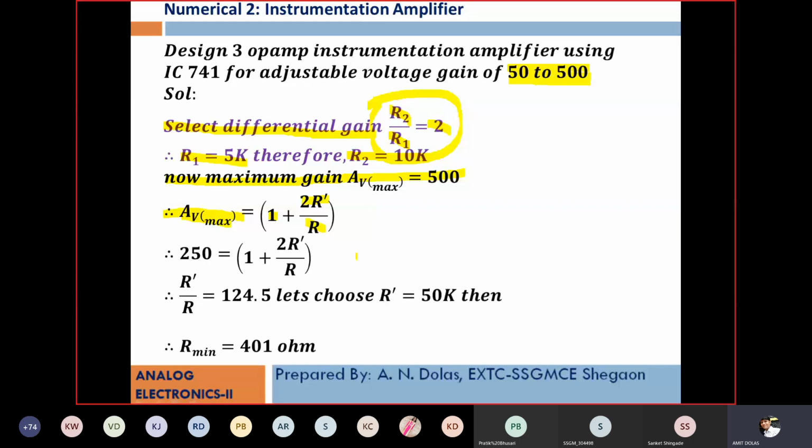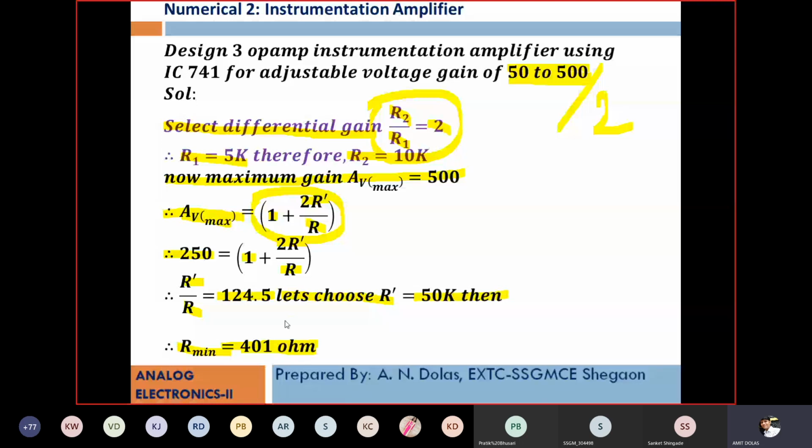Therefore, for the remaining factor, 1 plus twice R dash by R, it will be 500 divided by 2, so it will be 250. So 250 equals 1 plus twice R dash upon R. Therefore, R dash by R will be 124.5. Let's choose R dash equal to 50k. Then the minimum resistance R will be 401 ohm.